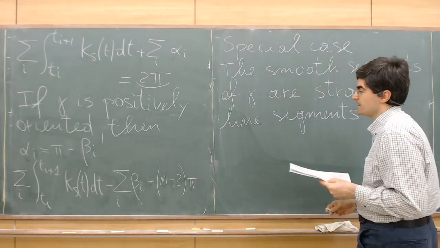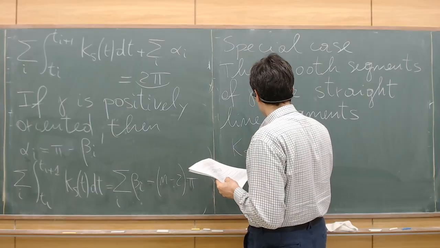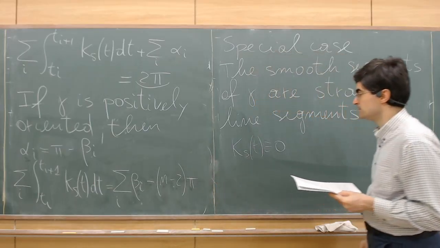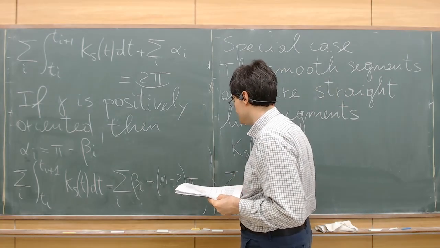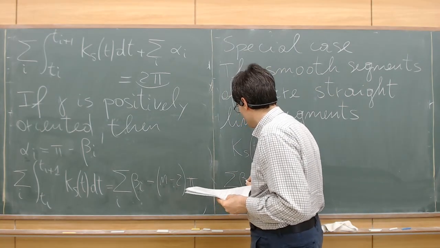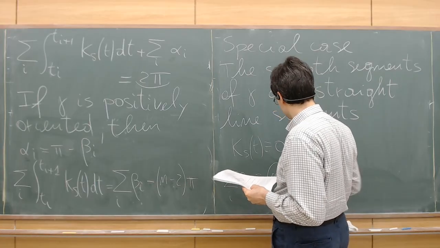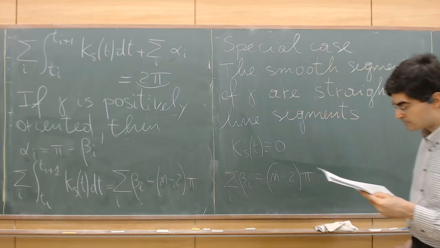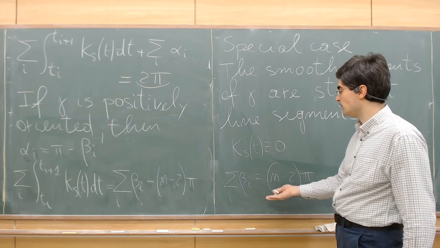So in this case we have that k as t is identically 0, and we get that sum on I of beta I is equal to n minus 2 pi. This is a formula you probably already know.